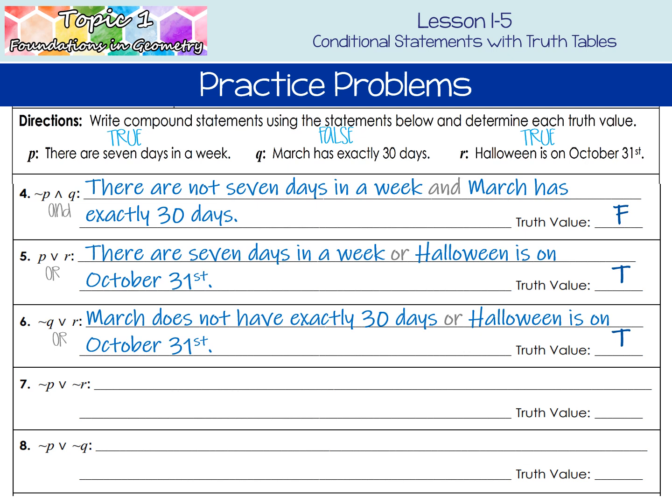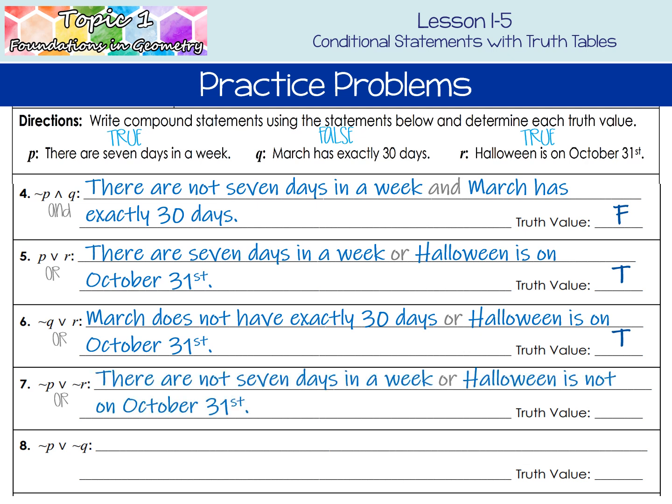Now we're negating P, and we're negating R, and there's an or, so at least one of those has to be true. So there are not 7 days in a week, or Halloween is not on October 31st. Well, neither one of those are true, so that's going to be false.